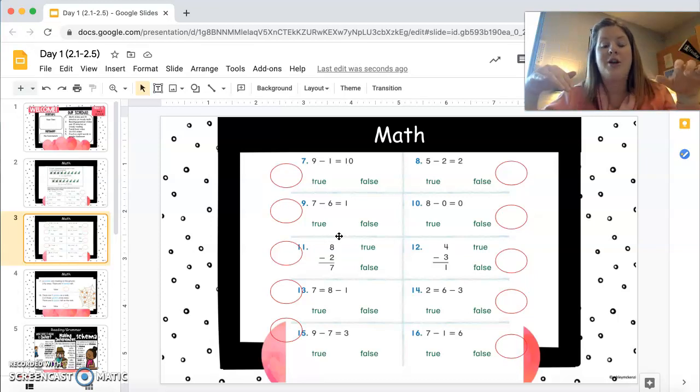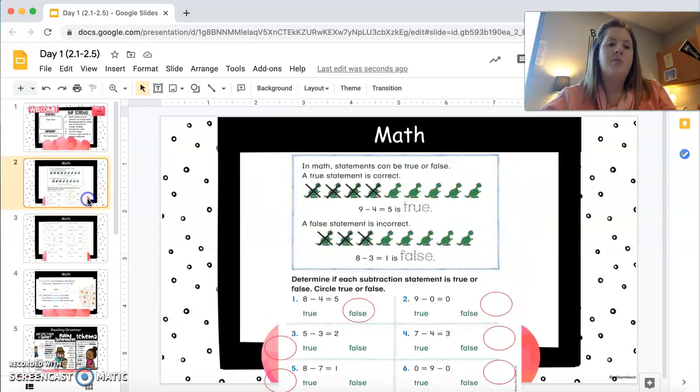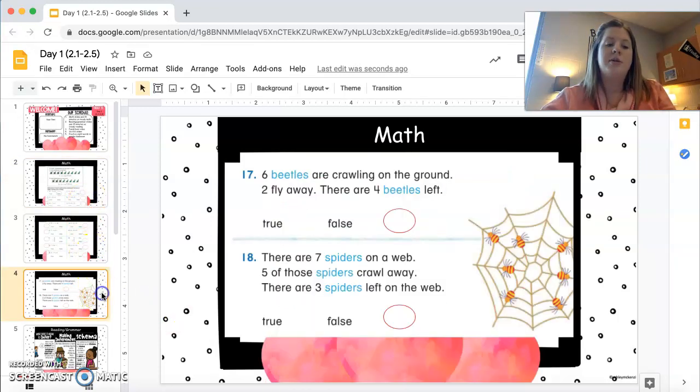Or if you're drawing a picture and you have that many bubbles left, that means it's correct. If it is not correct, you will put false, and if it is correct, you will put true. Just so you guys are aware, true is always the first one, and false is always the second one, okay? And then for these that are up and down, true is first, and false is right here. Okay, so you will do both of those working on true and false.